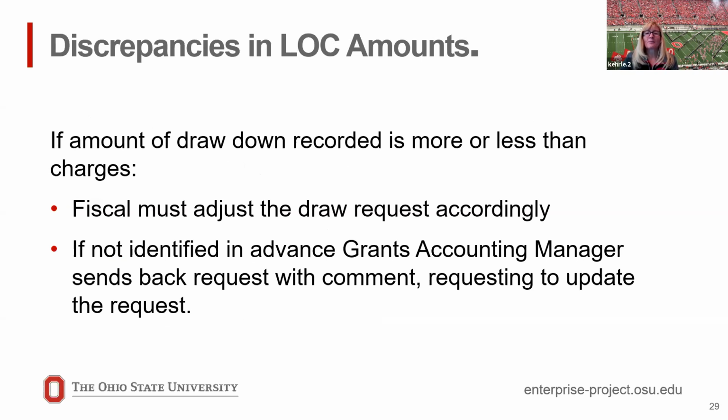In Workday, the LOCs are billed, the amounts are drawn from the sponsor system, and drawdown confirmation is sent to grants accounting or financial services to confirm the amount received in the bank is equal to the draw process. This is the difference going into Workday. So when we process the letter of credit bills, sometimes there are amounts that can't be drawn from the sponsor or credits that can't be returned within the sponsor system.